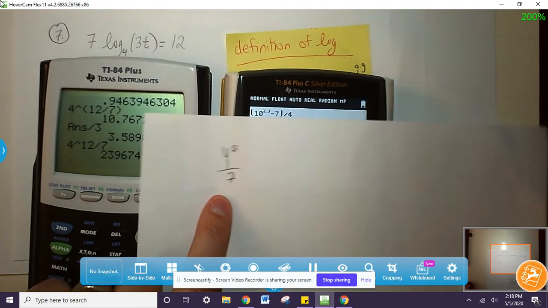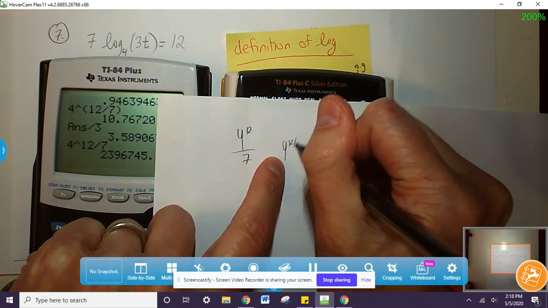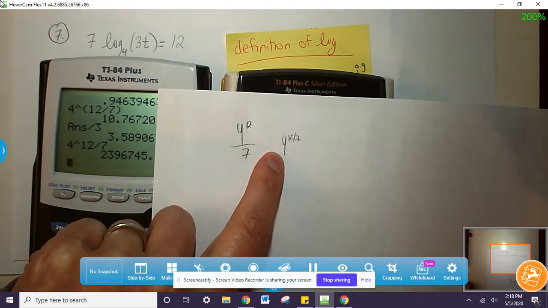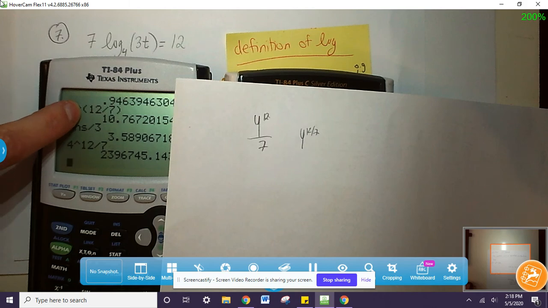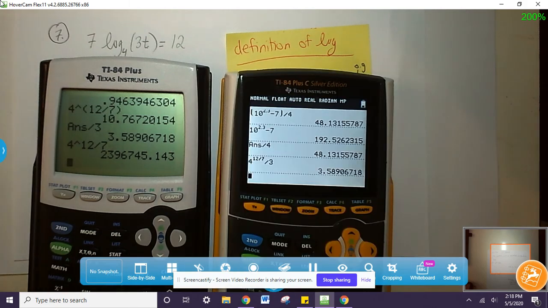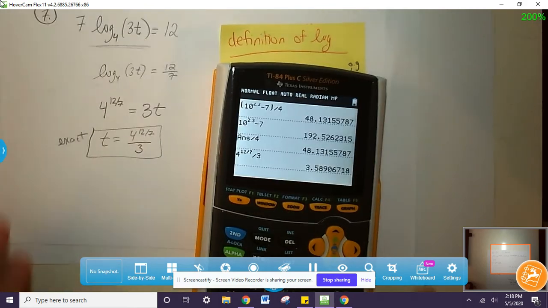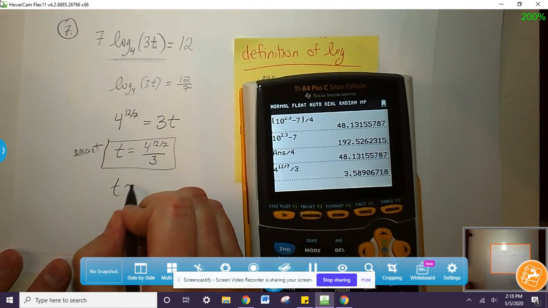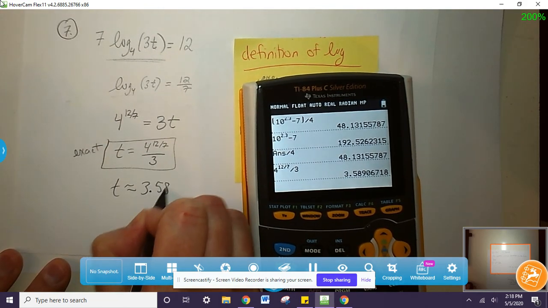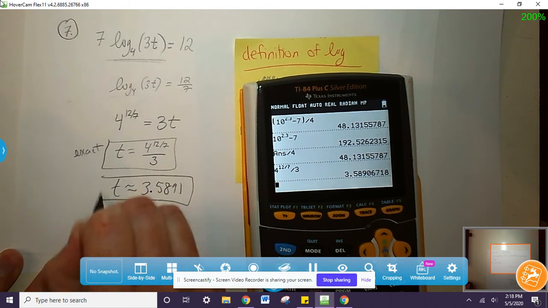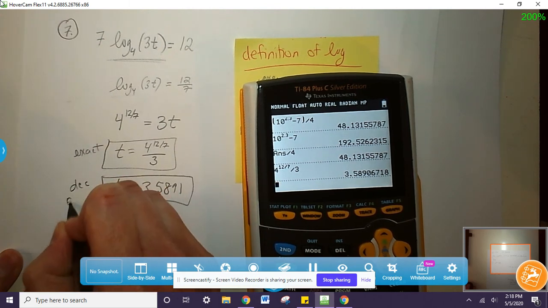What you want the calculator to do is 4 to the 12/7. So that's why you need the parentheses around that exponent. Okay. So whichever calculator you have, you should end up with your final answer as 3.5891. That's your decimal approximation for t.